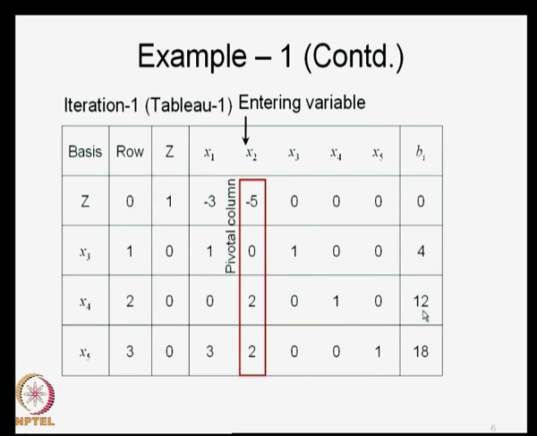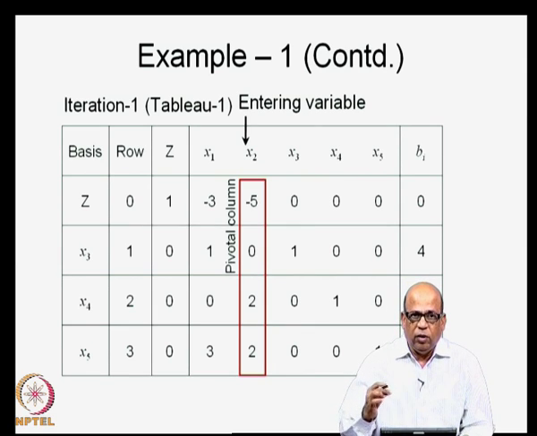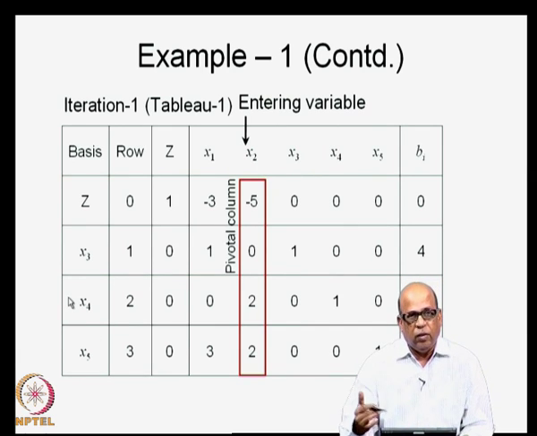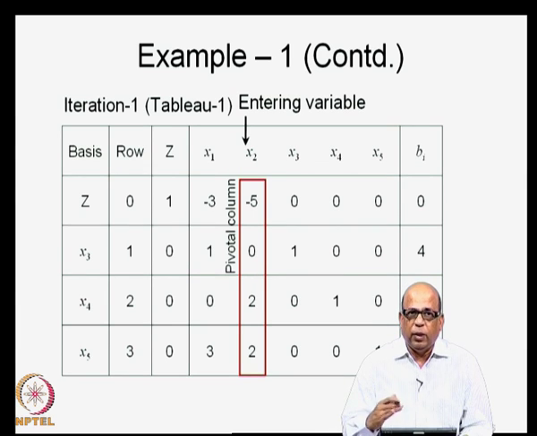Now, what I am going to do is identify the departing variable. In the previous lecture, you recall, the variable that departs is the variable which reaches 0 first. As you start increasing the value of x2, one of the currently basic variables will reach 0 first, and that is the variable that will depart, and we have to identify that.